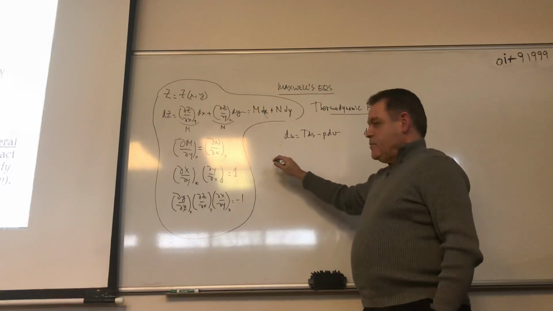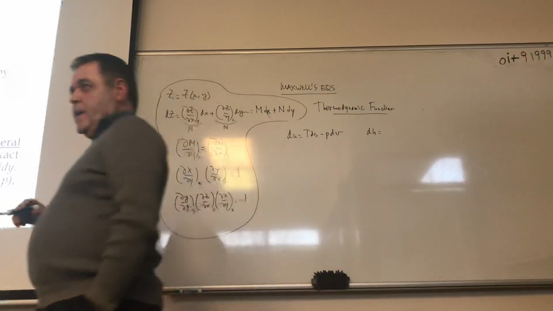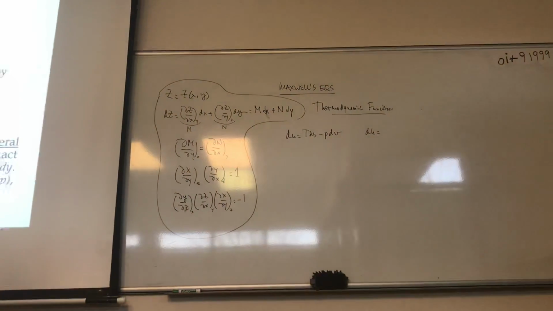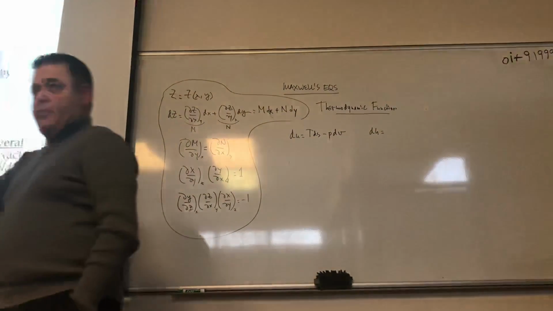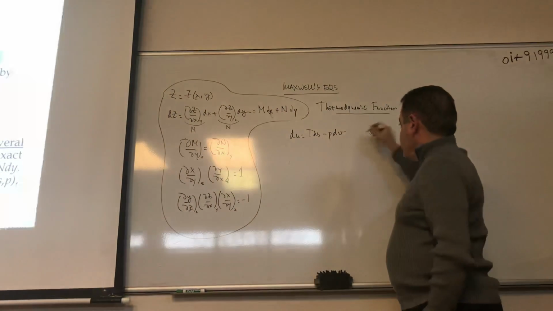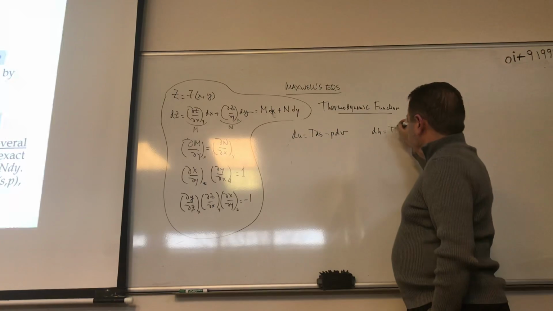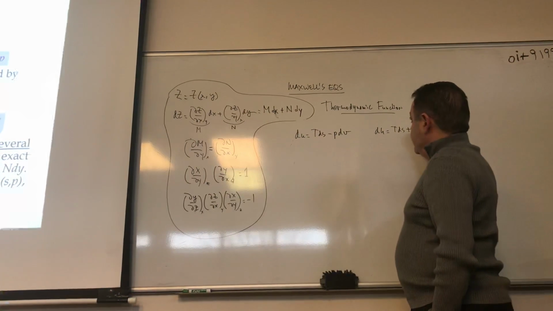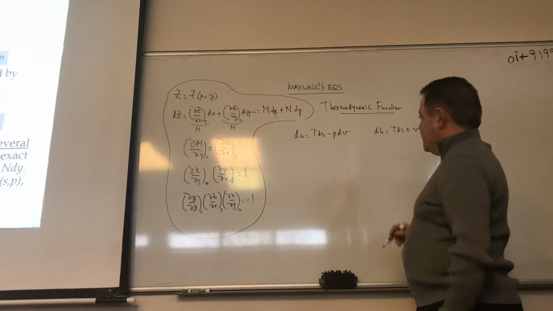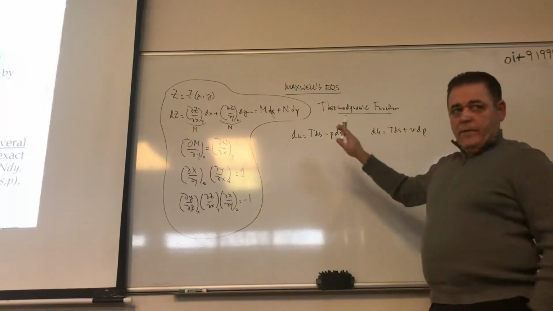What is the relationship between H and U? Enthalpy and internal energy. PV in there. You add PV, yeah. So H is equal to U plus PV. When you introduce that, then this TdS equation will become what? TdS plus V dP. Okay? So these we are familiar with, right?